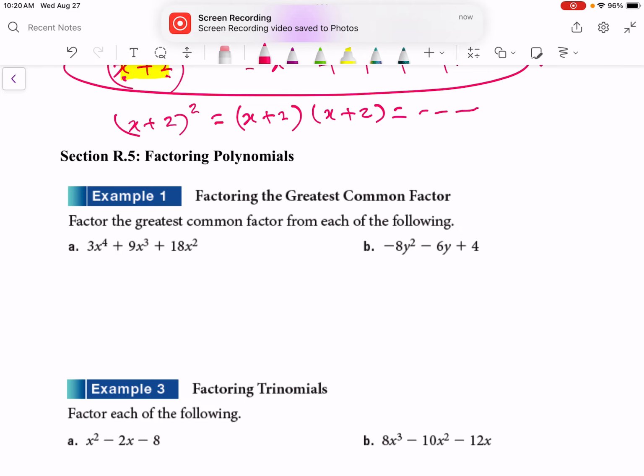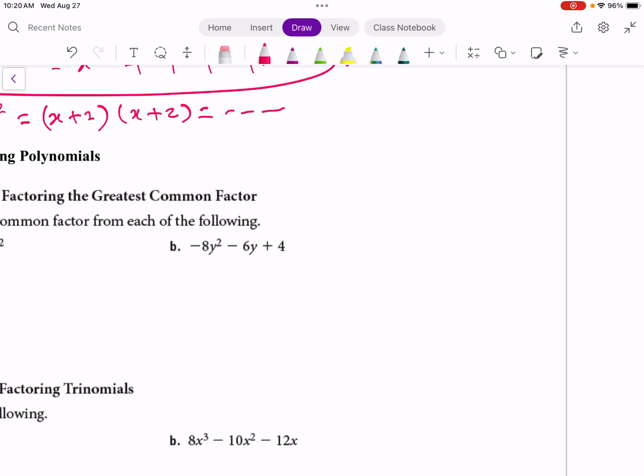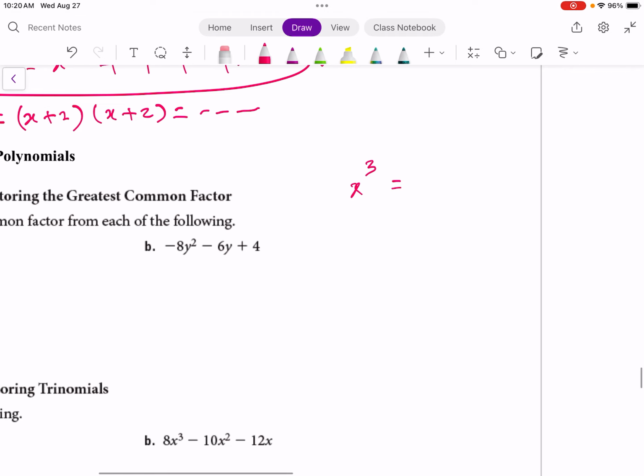Okay, for example, let's say we have a polynomial x cube. What kind of polynomial is this? What is the type? Monomial, binomial, trinomial? X cube is a monomial, right? We have one term, so this is a monomial.